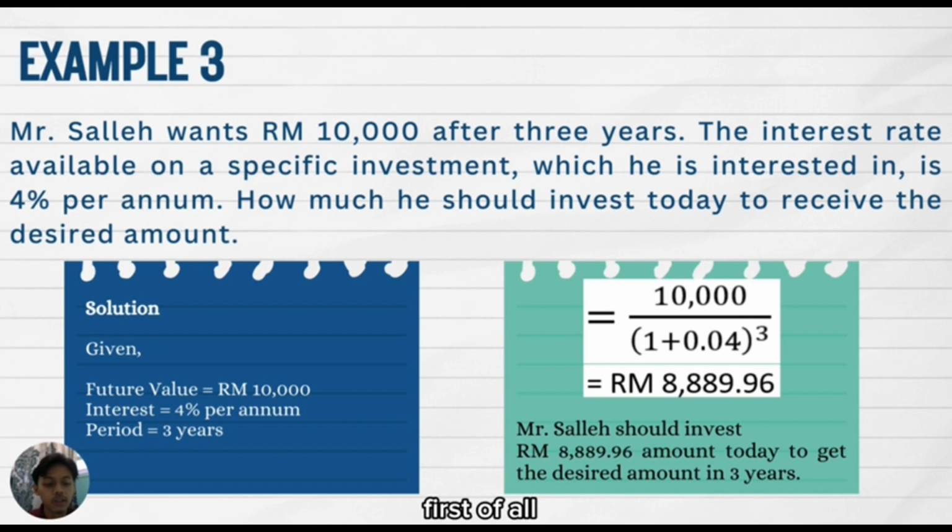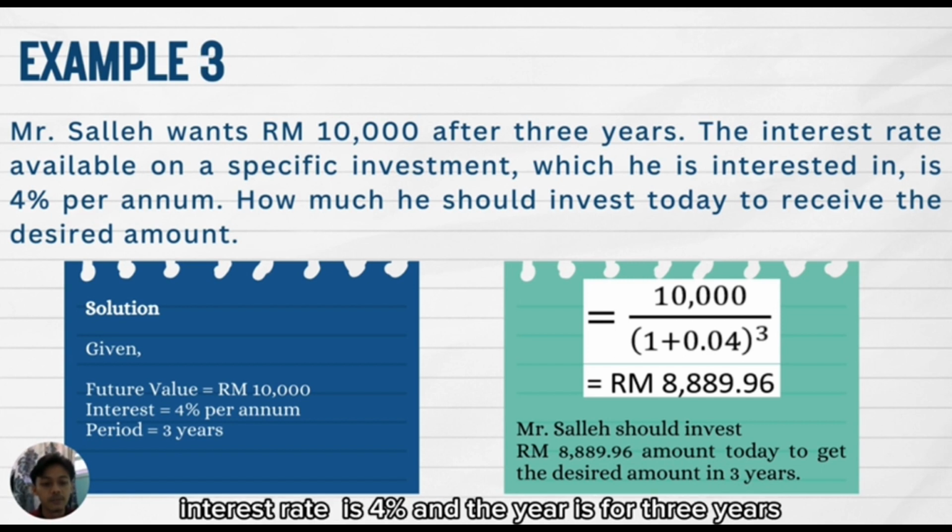First of all, we must take out the given information from the question. For the solution, we know that the future value is 10,000, the interest rate is 4%, and the period is 3 years.